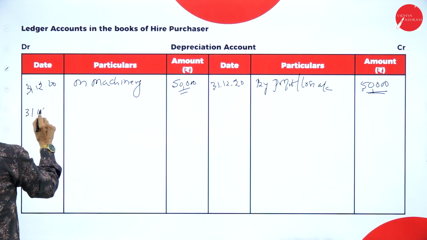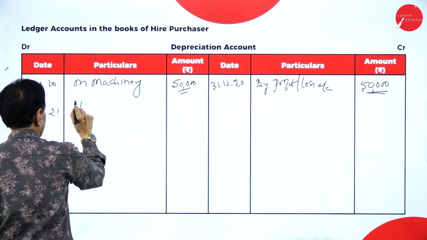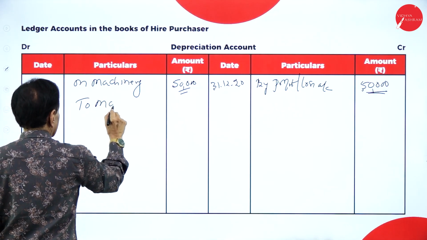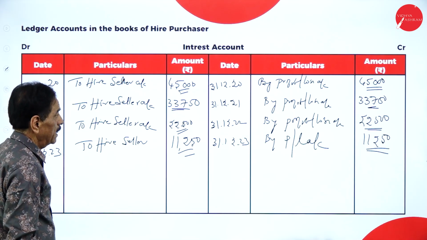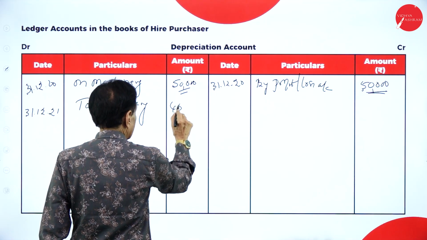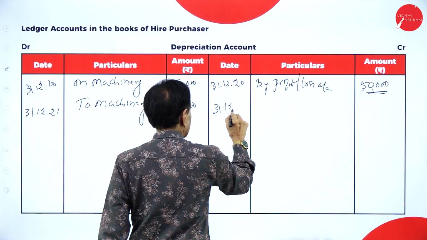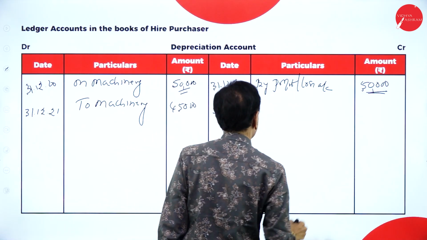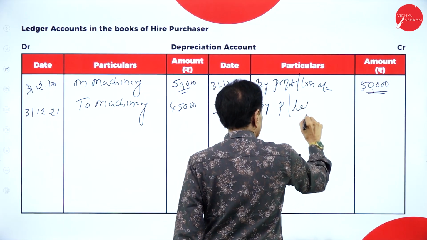December 21, to machinery, second year 45,000, by profit and loss account.